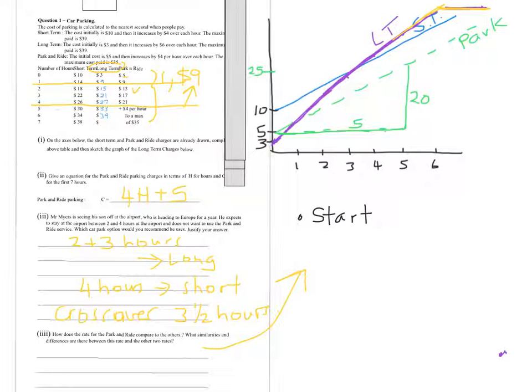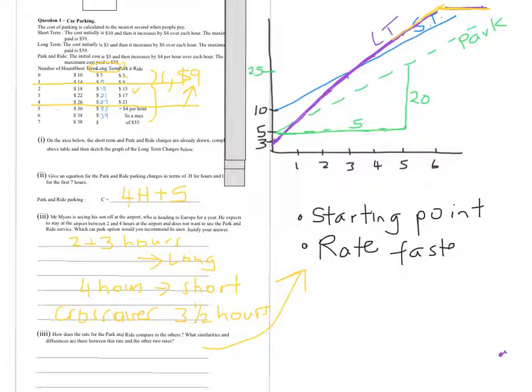So we compare the starting point, and then we compare the rate of increase. Okay, so we look at the gradients or the rate. How steep are those lines? We're comparing with the green line. So the purple line, the long term, goes up. The rate is faster.